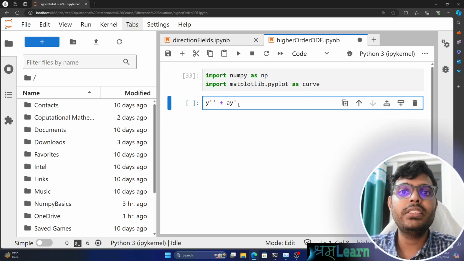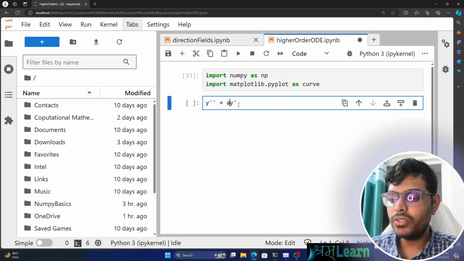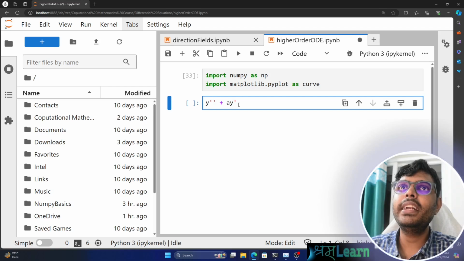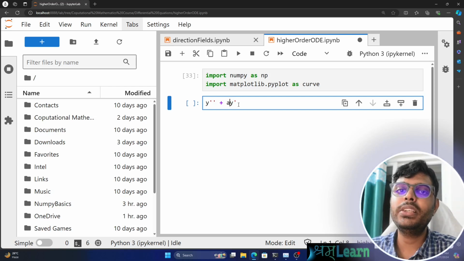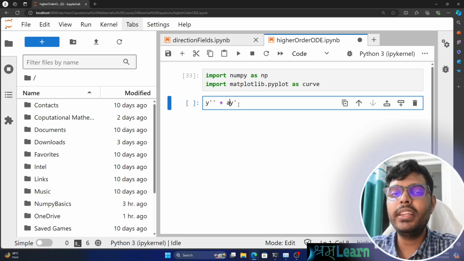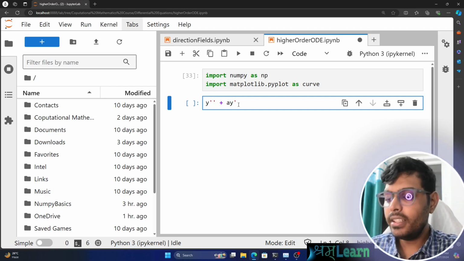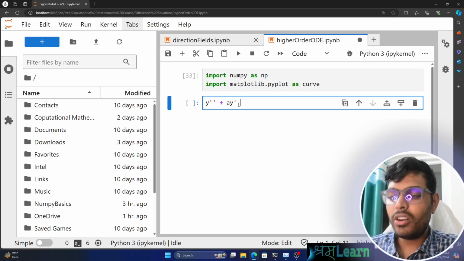If it is a function of y, then we have a non-linear differential equation. So depending on the coefficients of y double dash, y dash, y, we can term an equation as linear or non-linear. But this method works for all possible cases. Linear, non-linear, every case is covered here.